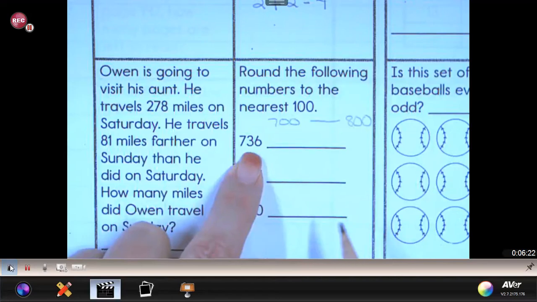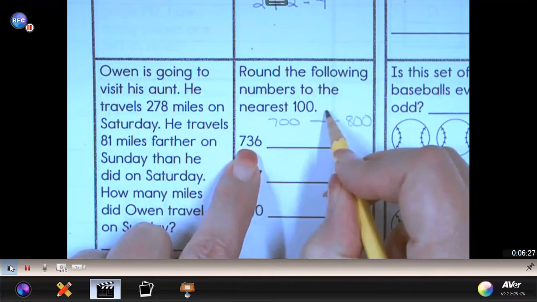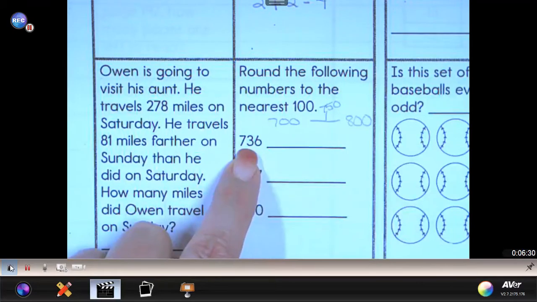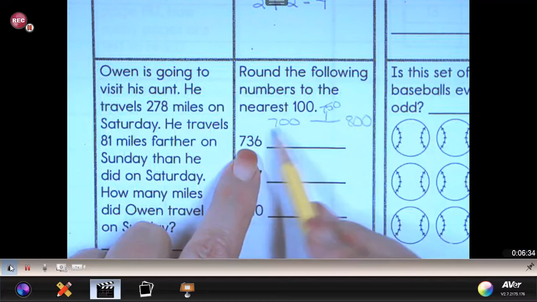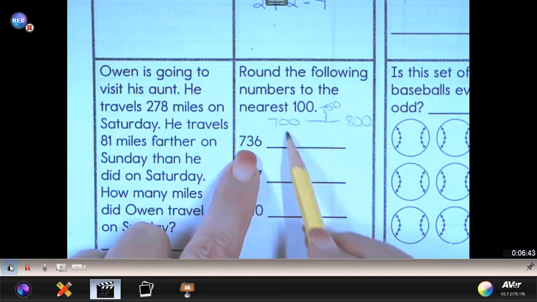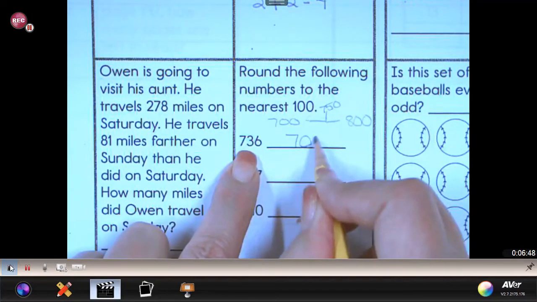Now we've got to use our tens place to decide. 750 is halfway between 700 and 800. So if our tens place does not pass 50, then we are going to round down and it's going to be closer to 700. Okay?